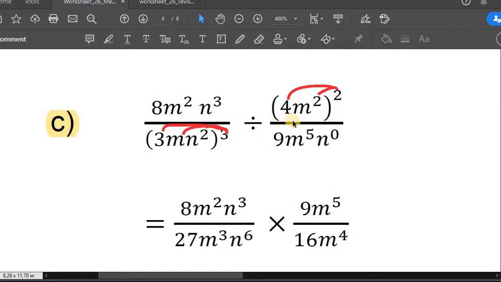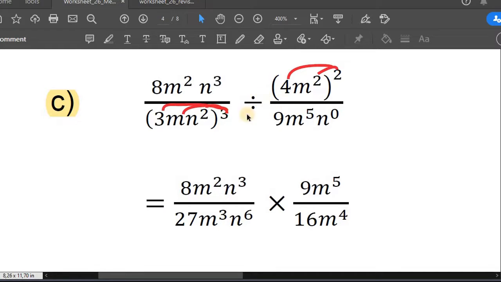Okay, let me show you what happened. You had a division sign here, so they turned it into a multiplication sign. When you do that, you got to flip this. Top part needs to go at the bottom. Bottom part needs to go on the top. So the answer is here, right? So 4 squared is 16 and m squared, so we can have 2 times 2, m to the power of 4.